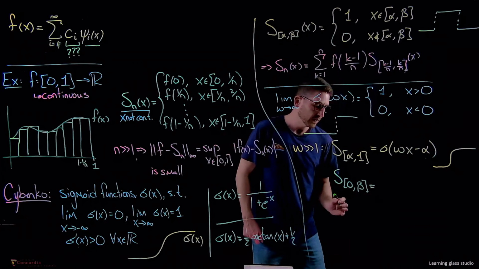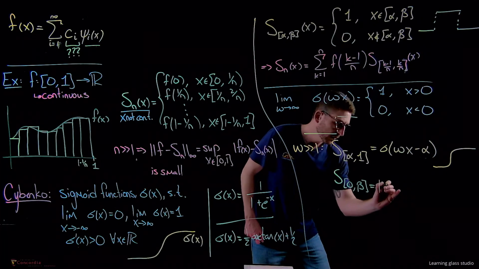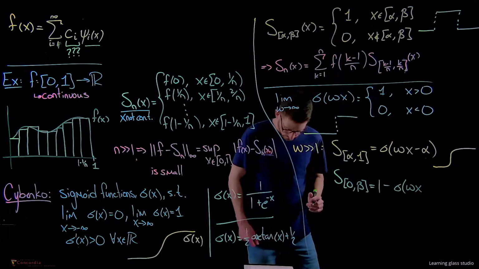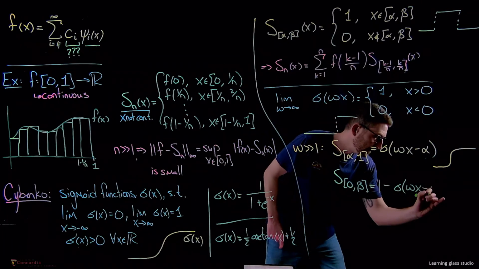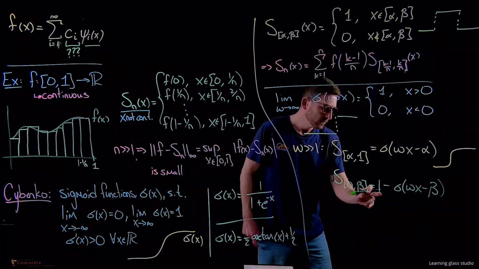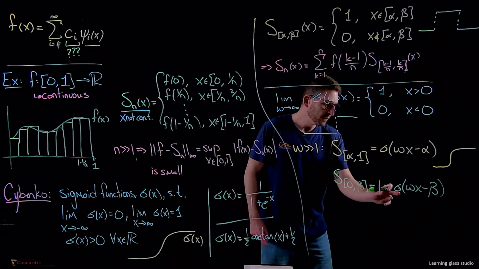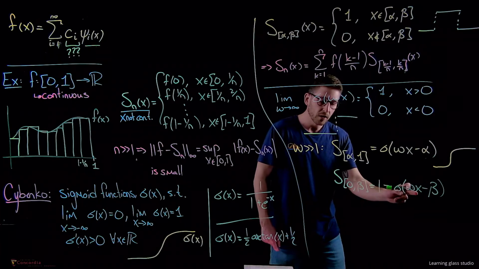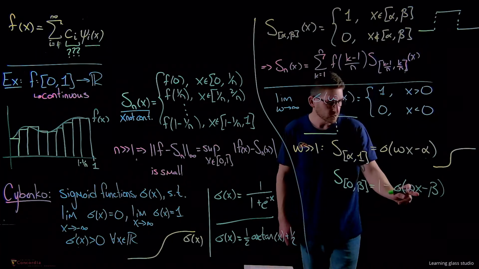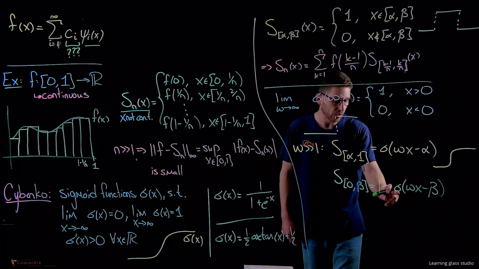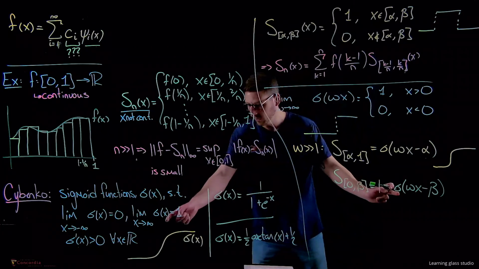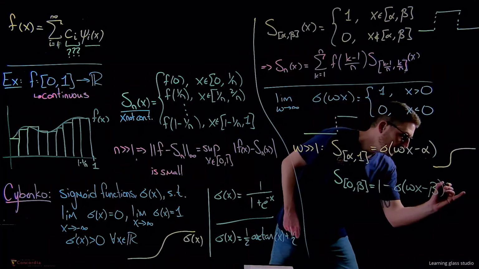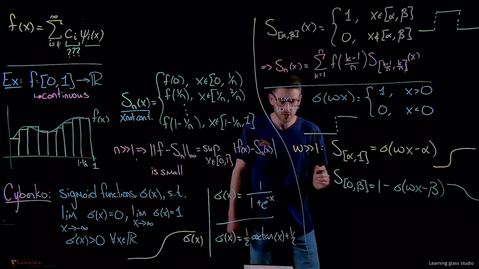This would be 1 minus sigma of w(x minus beta). The 1 puts me up where I need to be. The minus, when x is bigger than beta, pulls me down, because this value should be close to 1 when w is huge. So 1 minus 1 pulls me down to 0. And I get a nice transition downwards.